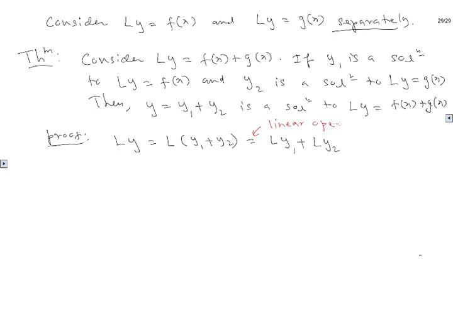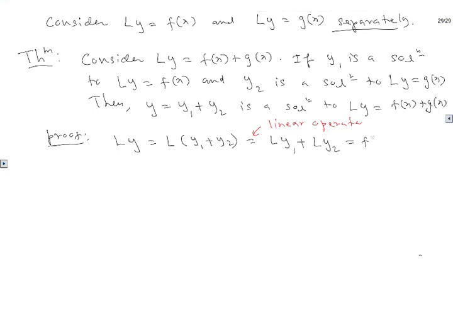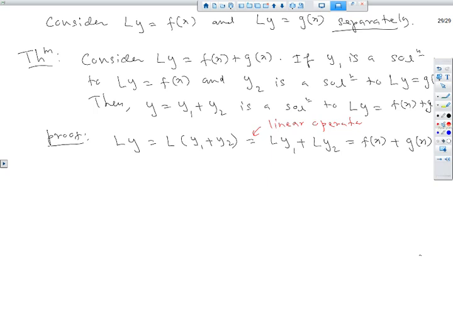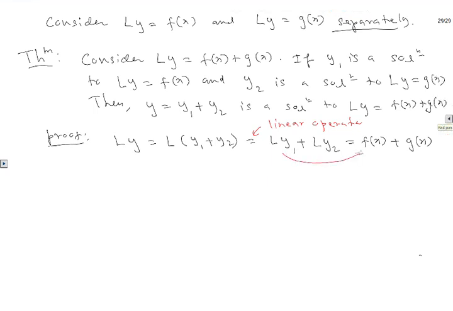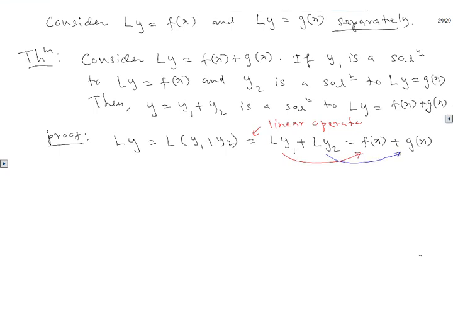Now we know that Ly1 equals f(x), because y1 is a solution to the Ly equal f(x) problem, and Ly2 equals g(x), because that's a solution to the second one. So this is coming from the first one, and that is coming from the second one, because those two are solutions. So this says that y is a solution to the original problem.